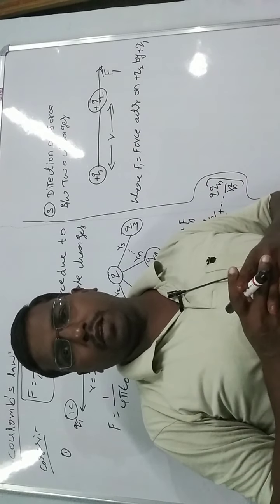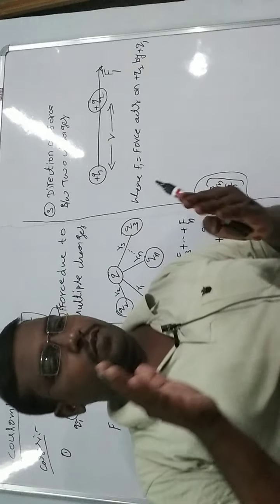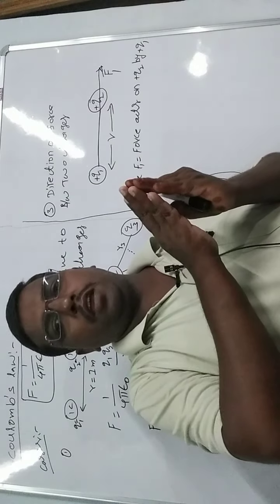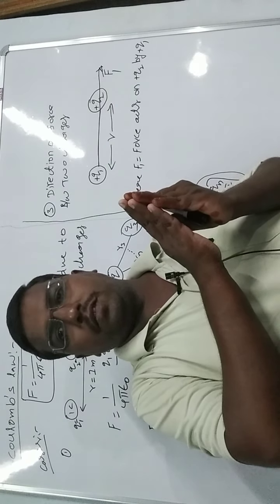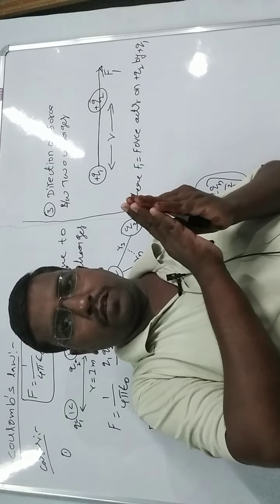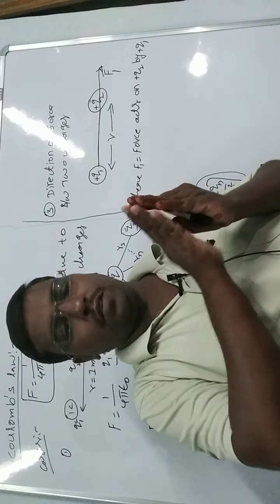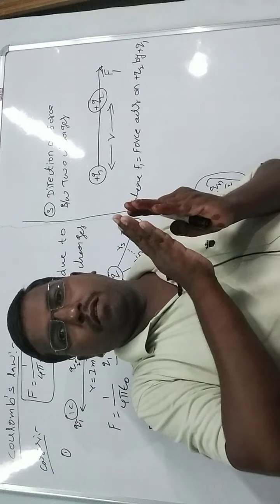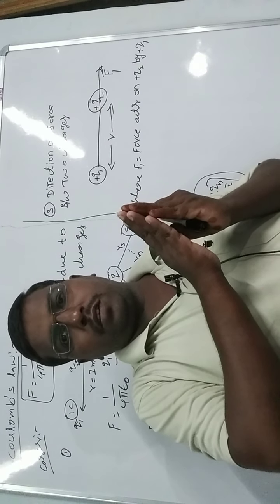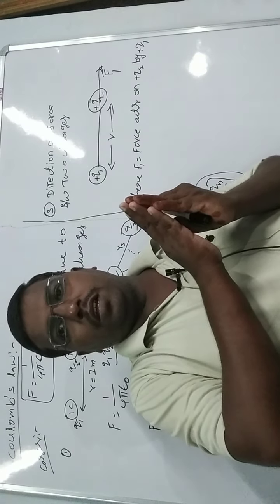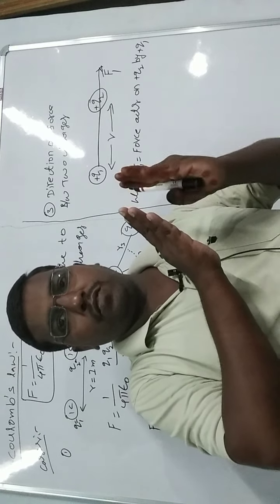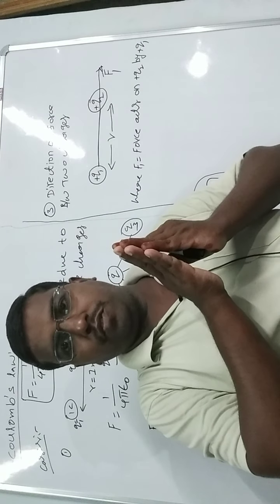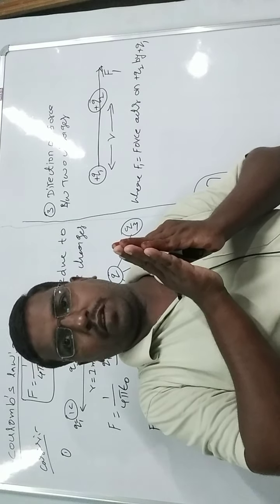For example, when we push an object, that is action. We discussed it in the first year topic. We push some force on the object. This is the action, and the object also gives a reaction force on the first one.